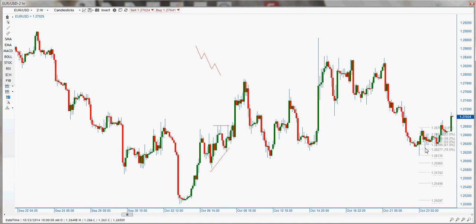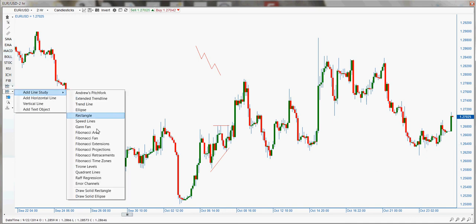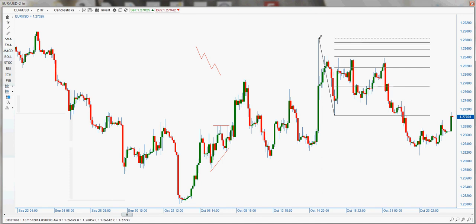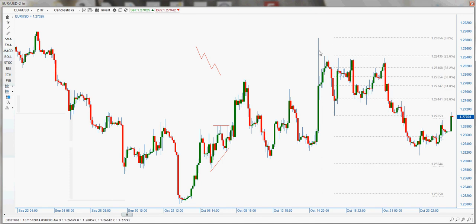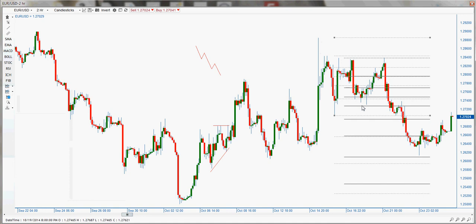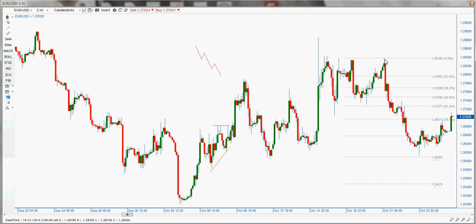So what am I doing here? I'm doing this completely wrong. Let me backtrack. Okay, so I'm drawing the length of wave A, then bringing it down and projecting it lower to find a relationship with wave C. It doesn't say it here, but you can see the scale here.